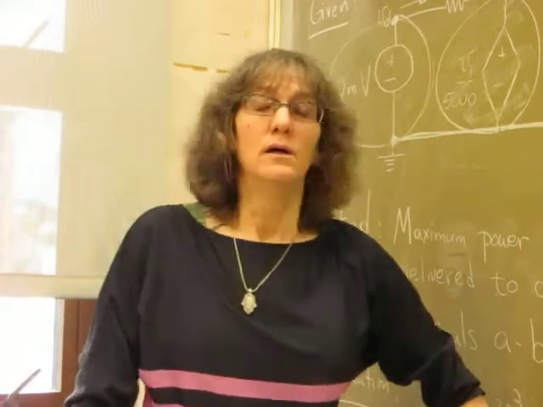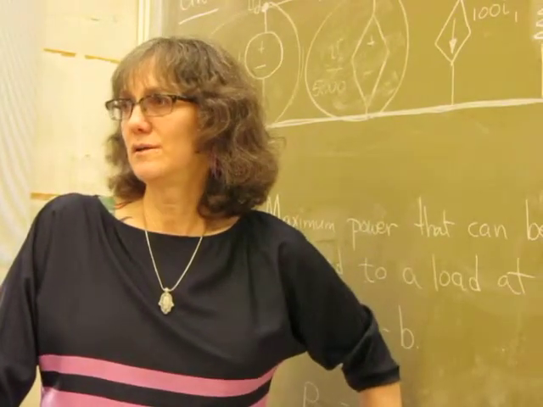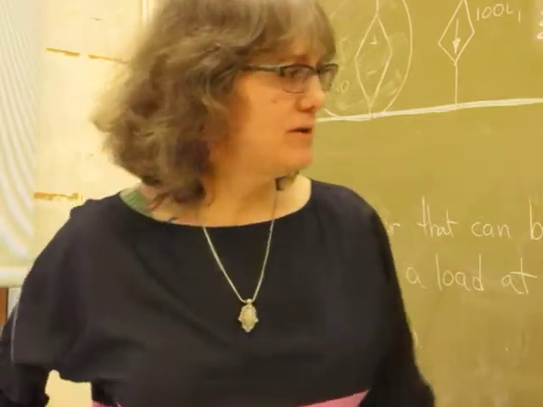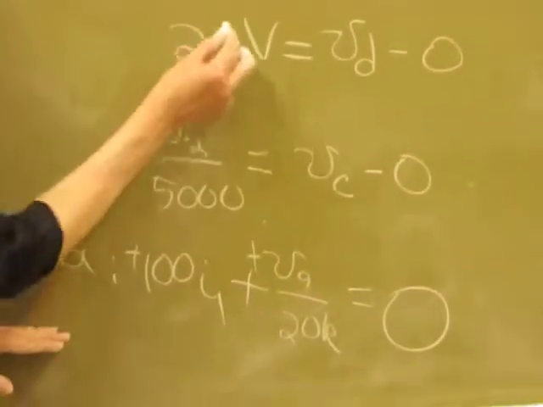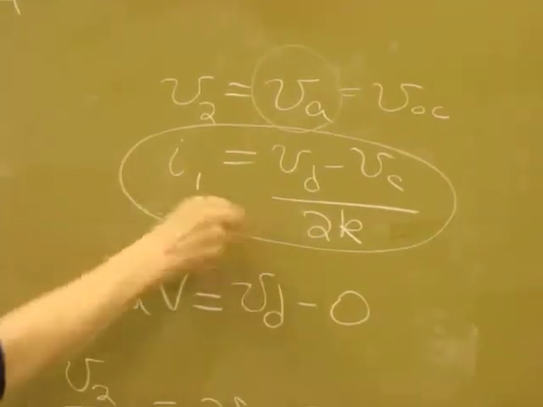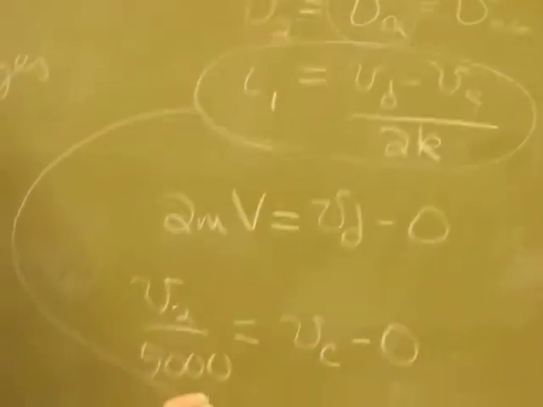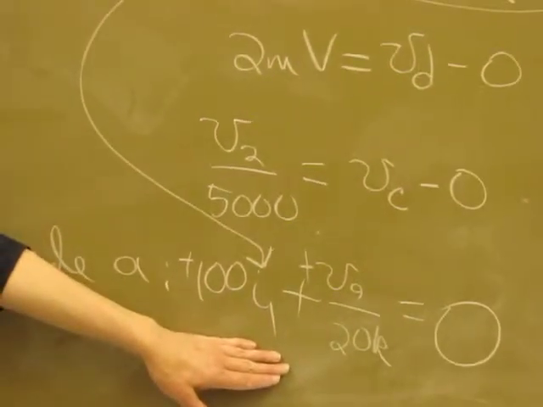And I feel like I'm done with this problem. You know why? If I substitute what I found I1 is in terms of node voltages, substitute that here, right? This equation now only has node voltages.